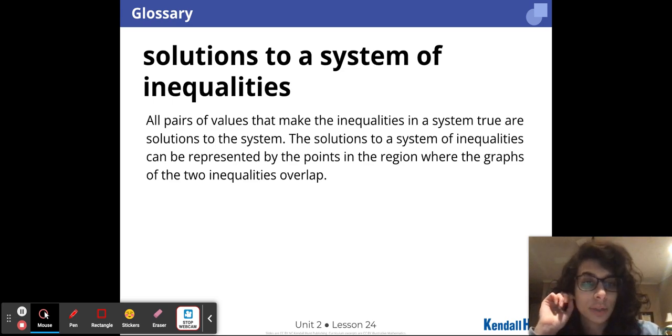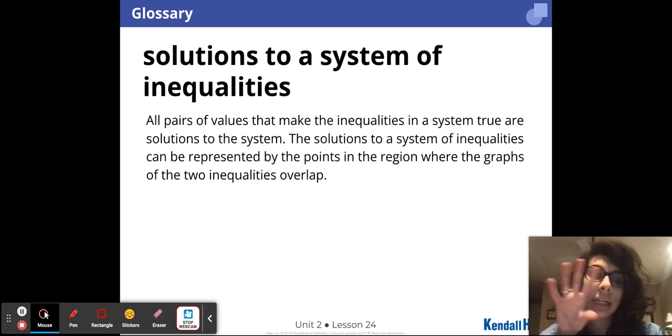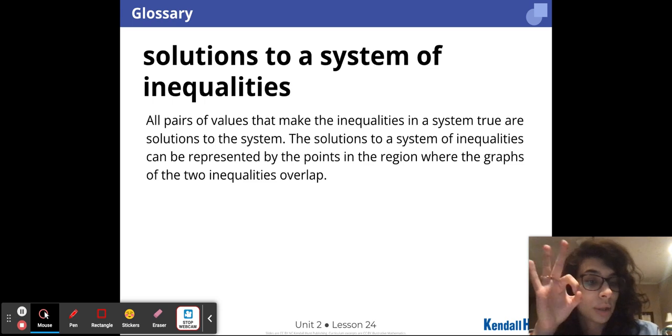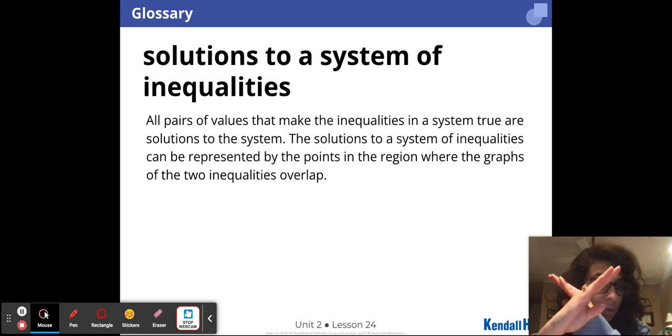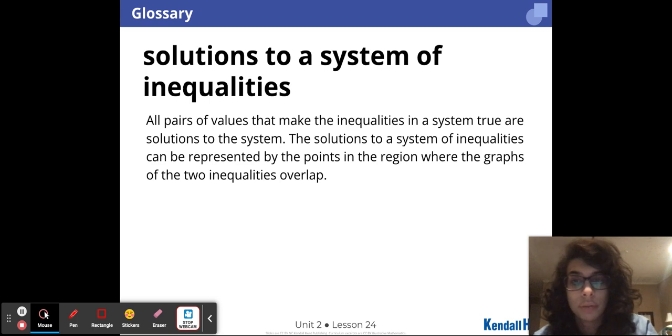The solutions of the system of inequalities can be represented by points in the region where the graphs of the two inequalities overlap. So we're talking about an area now. We're not just talking about one solution, where we talked about the point of intersection. In this case, we have a region, a bunch of solutions where they're going to overlap. I'm going to show you what that example looks like in a couple of minutes.